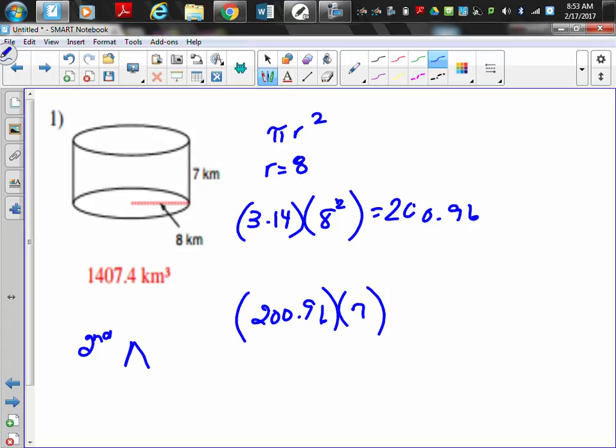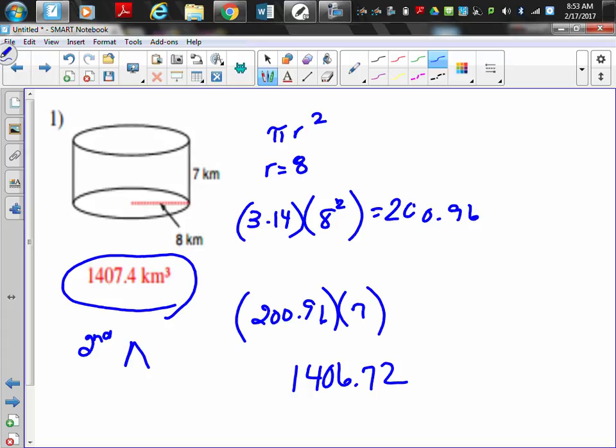When you type in using 3.14, you get this. When you use the pi button, you get this. So if it does not specifically say use 3.14 for pi, then you use the pi button.